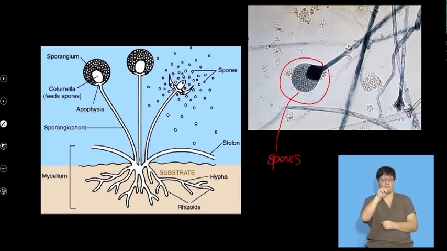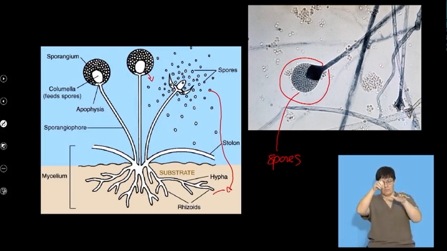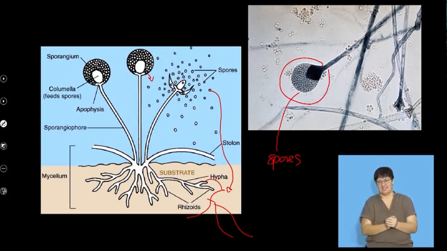And when this bursts, with a lot of water in it, all of these spores drop onto the bread, and what do they start growing? They put out all these hyphae, these rhizoids, these roots, and they start to take all the nutrients from the bread, and they're going to grow and form spores again.